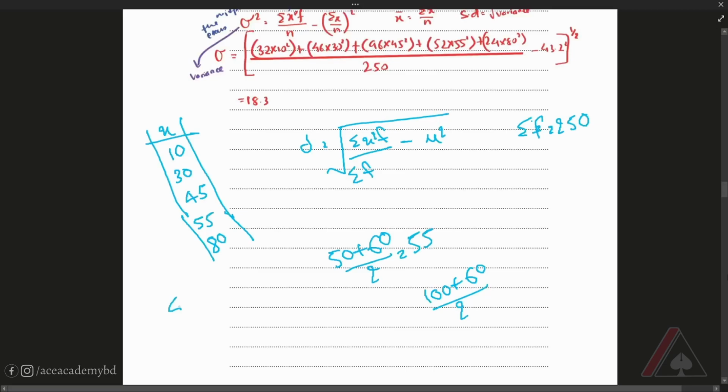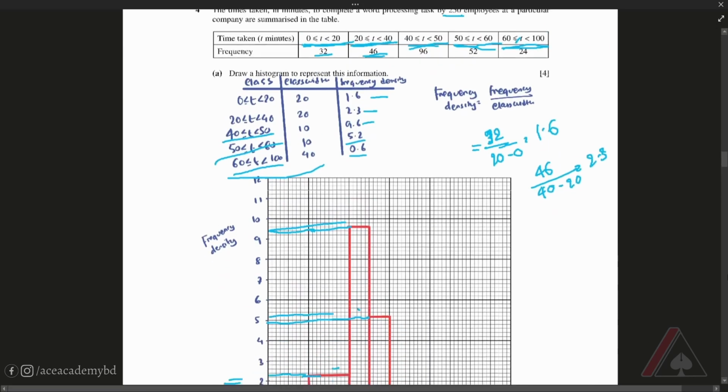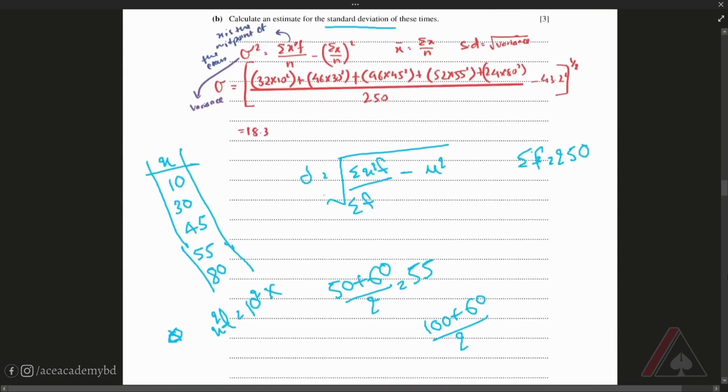Now we need to find x square f. So the way we find x square f is 10 square into frequency. Now the frequency for 0 to 20 was 32. So this would be 10 square into 32. Frequency for 20 to 40 was 46. So 30 square into 46.